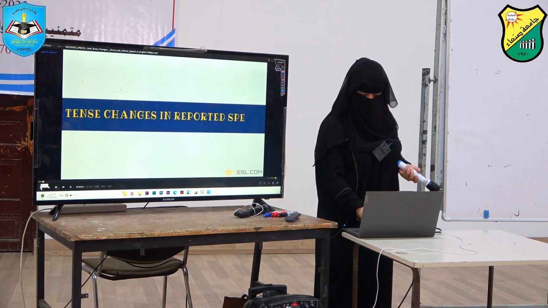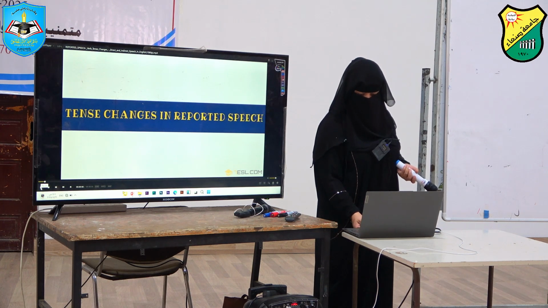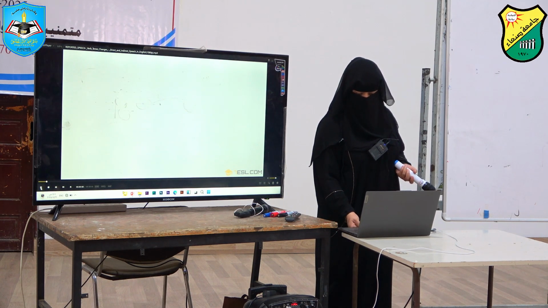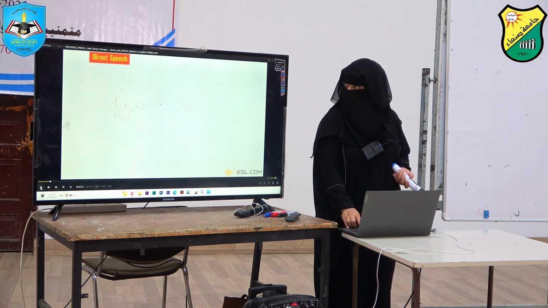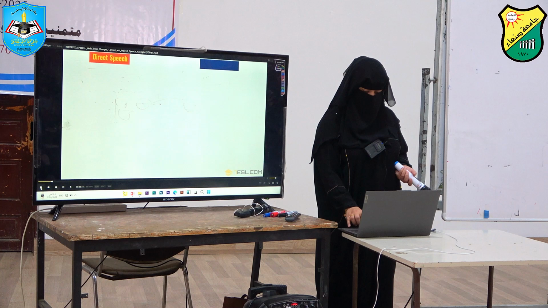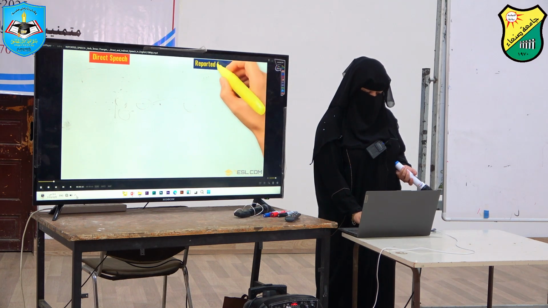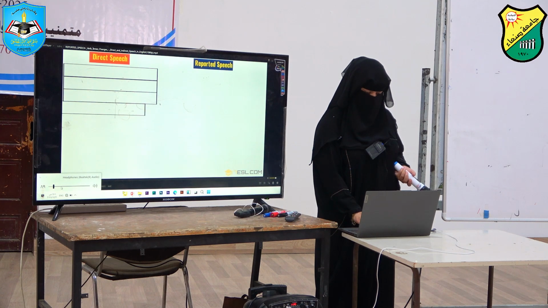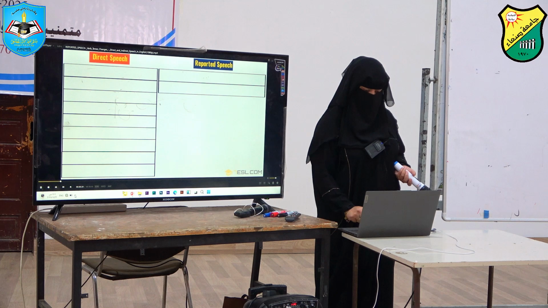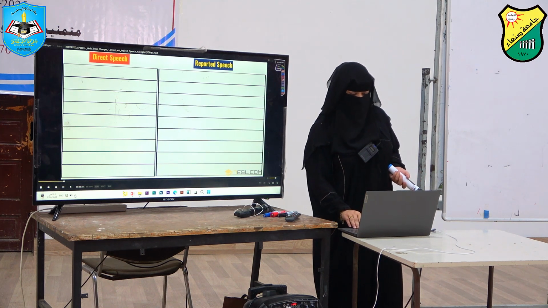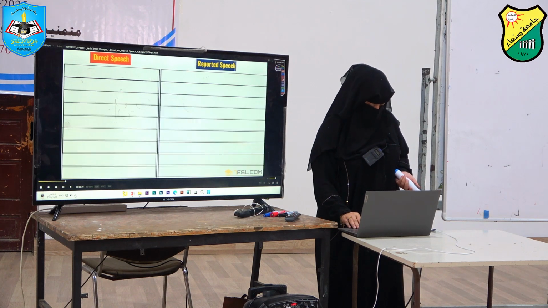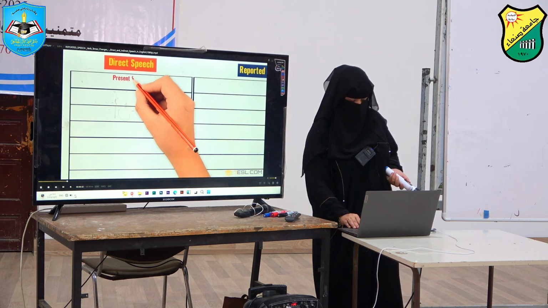Changes in reported speech. Direct speech. Reported speech. Present simple.